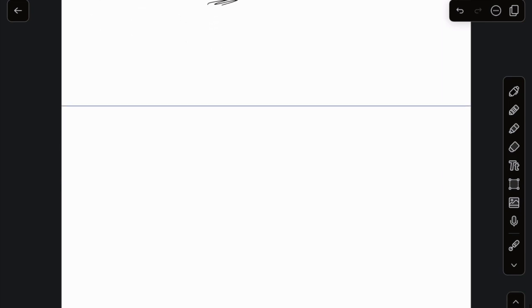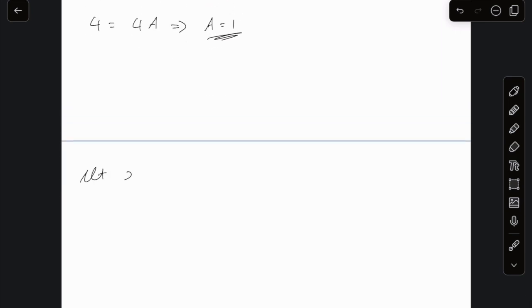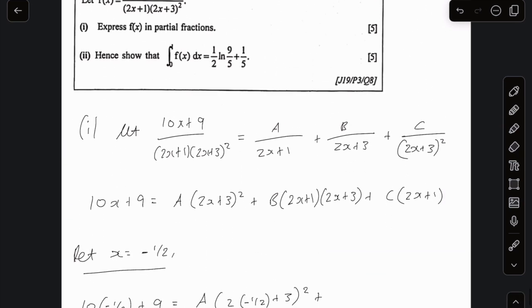Meanwhile, I'm going to let x equal negative 3 over 2. Why?